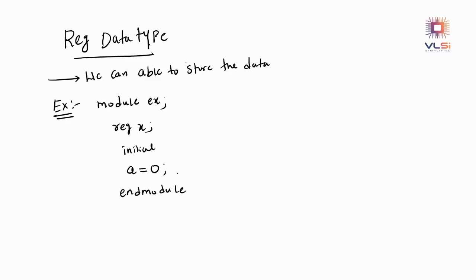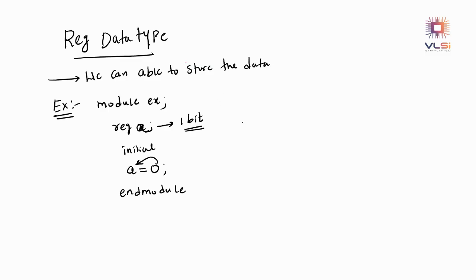So here we have reg a. Whatever the value, either zero or one, will be stored in the variable a. This is one bit. We can store only one bit of value, either it is wire a or reg a.